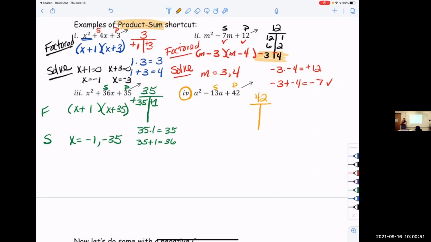So look, and just in case somebody's stuck, what are the factors of 42 that'll add or subtract to give you 13? 6 and 7. All right, so just in case somebody was stuck.